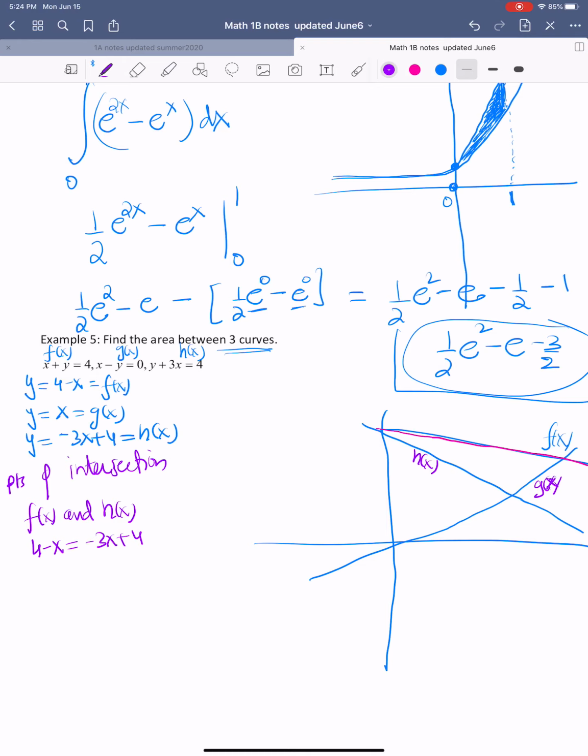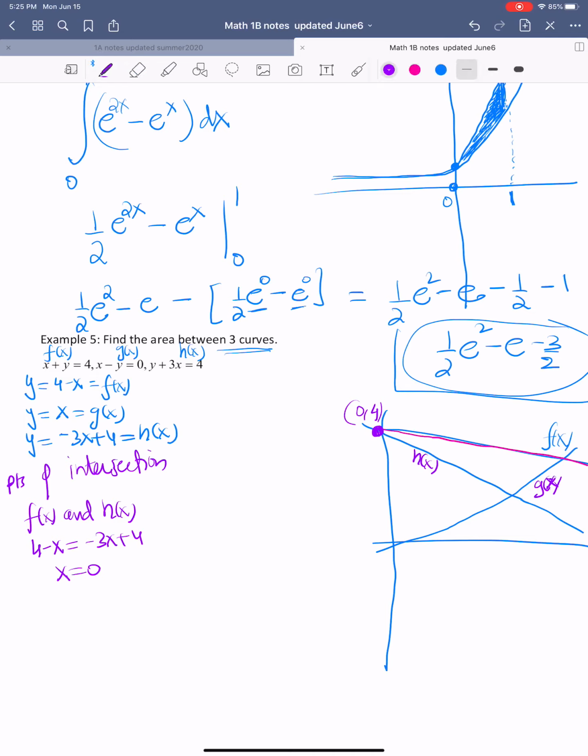And that is going to give me x is equal to 0. And when x is 0, y will be 4. So they meet at 0, 4. Those two lines meet at x equals 0. At 0, 4, these two lines meet. Okay, I'm going to erase this side because I don't need this side.